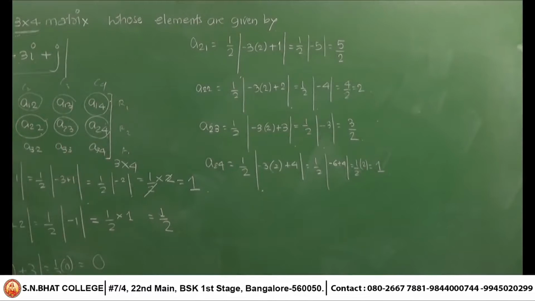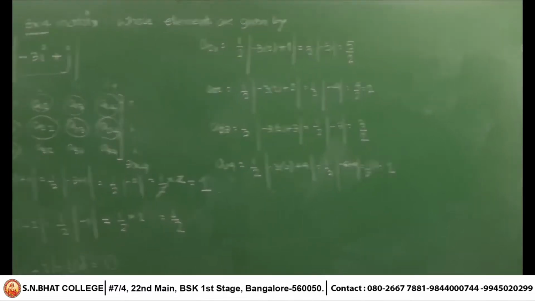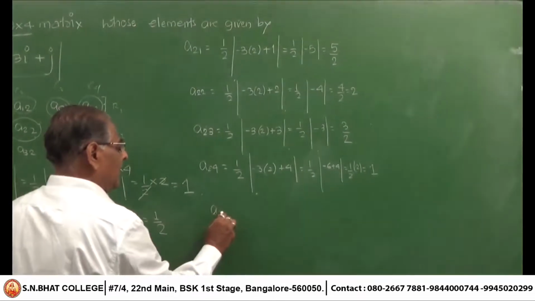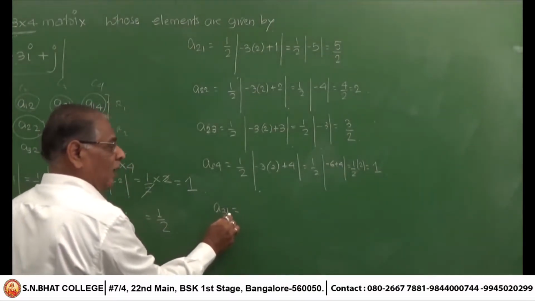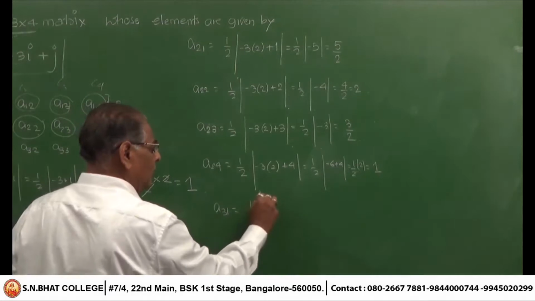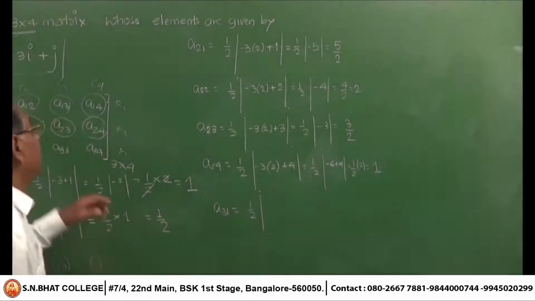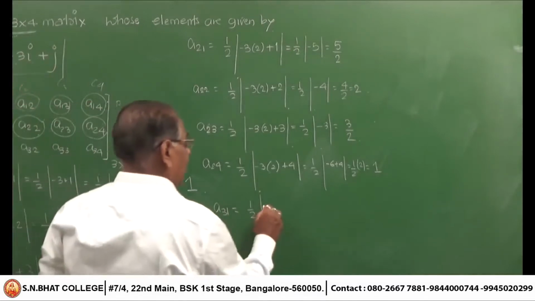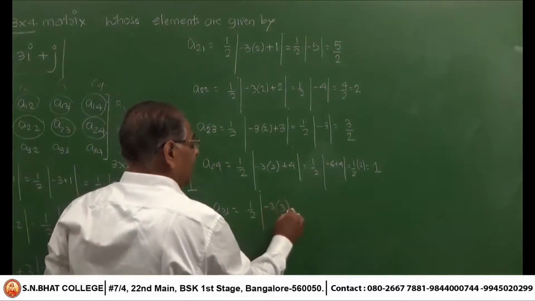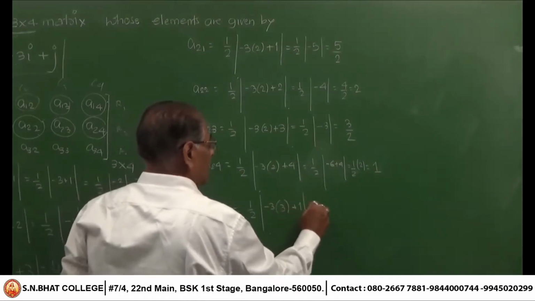The next element is A31. A31 means i is 3, j is 1. This is half into modulus of replace i by 3, j by 1. Minus 3 into 3, plus 1.